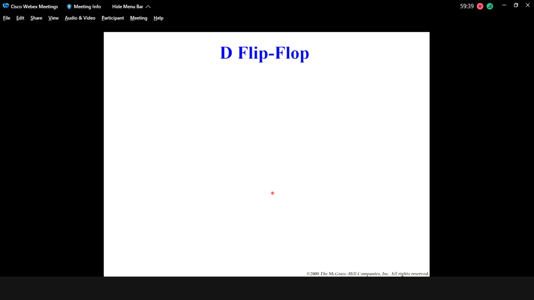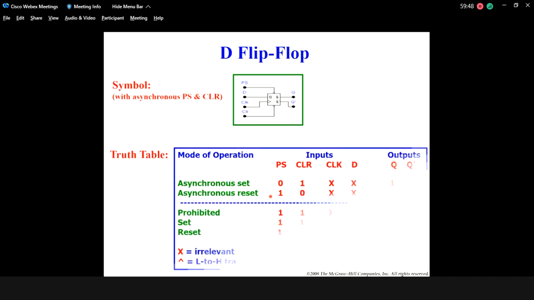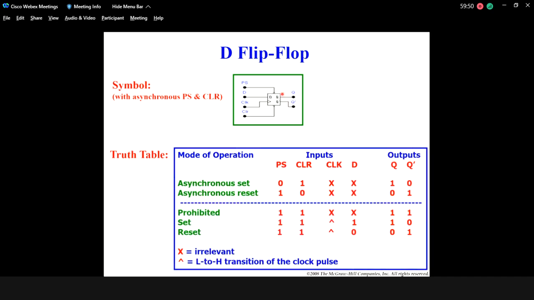Okay, so we already have two types of flip-flop, the RS flip-flop and the clocked RS flip-flop. And then we have the D flip-flop. The D flip-flop is a bit more complicated, like what we call the JK flip-flop, because it has preset and clear inputs.